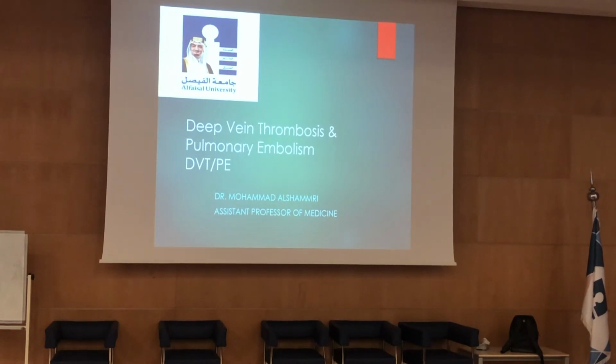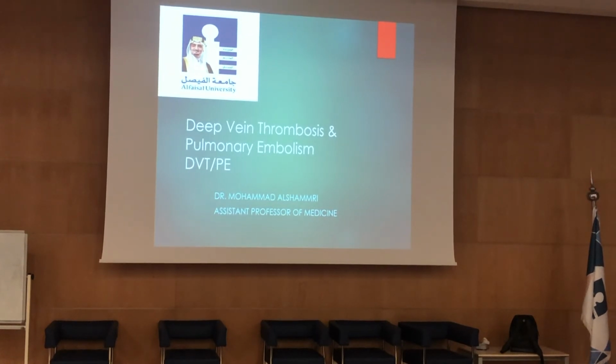So what's wrong with the heart? Most of the time deep vein thrombosis originates in the lower limbs, and the lower limbs will bring the thrombus to the right atrium.